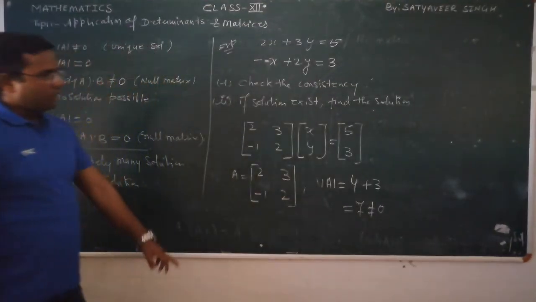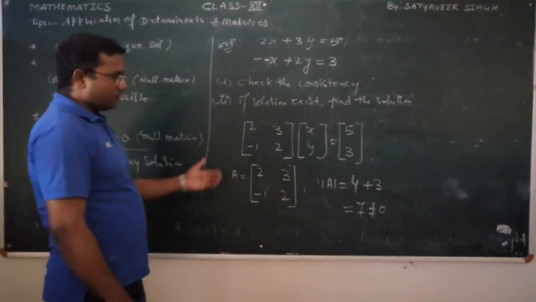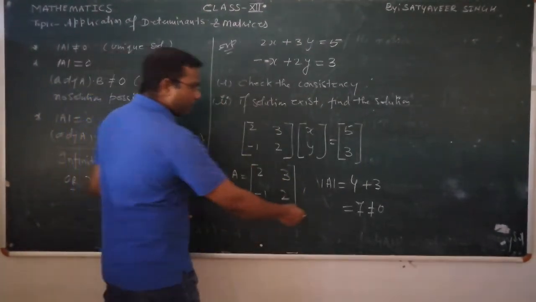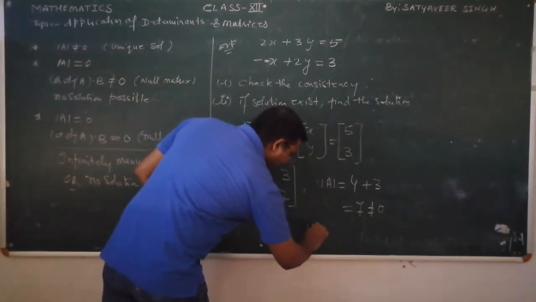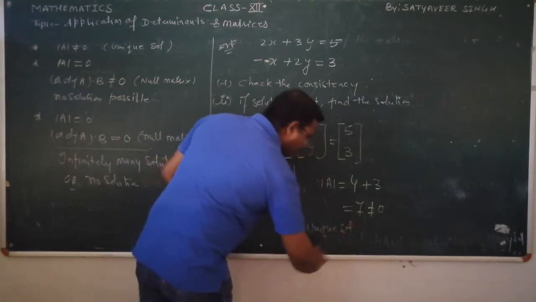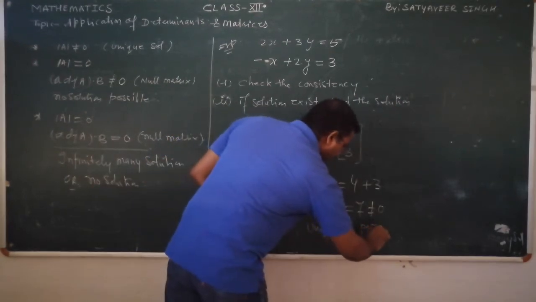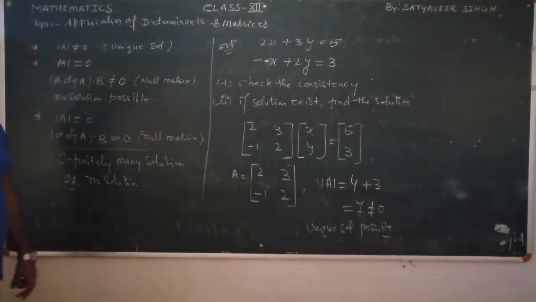So student, if you solve this, you can say a solution exists because the determinant is not equal to 0. We can say a unique solution is possible.